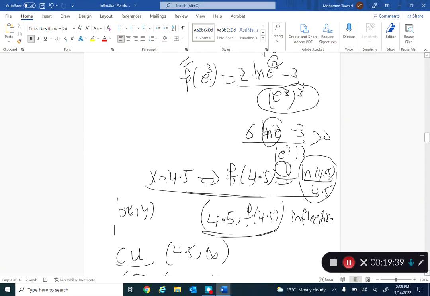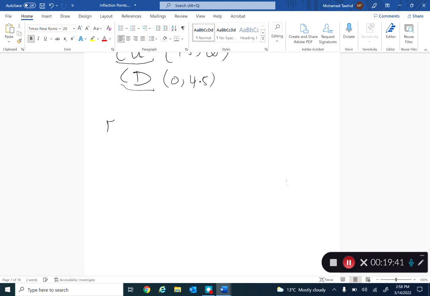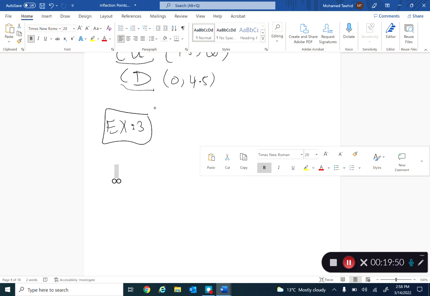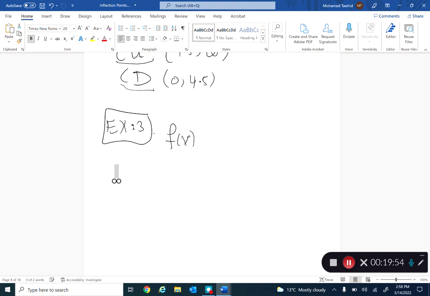All right, let me give you another example, then I can wrap up. Example number 3 about inflection points. You have f of x equal x squared e to the 1 minus x.